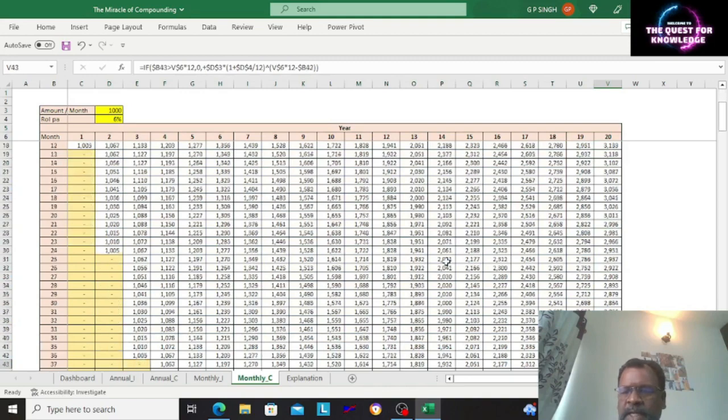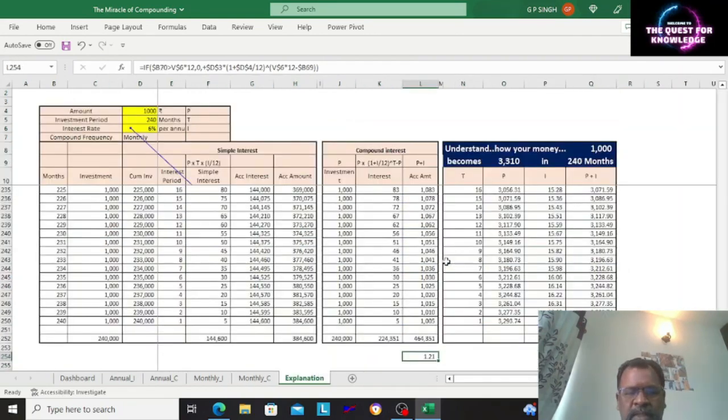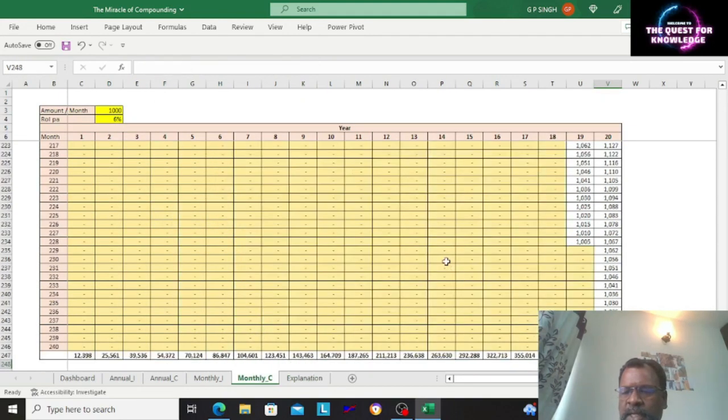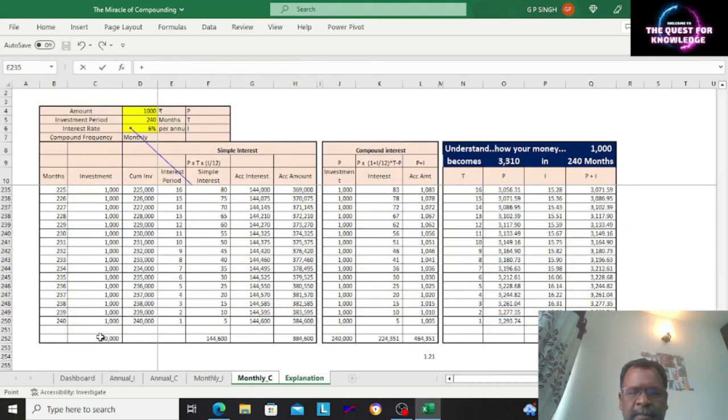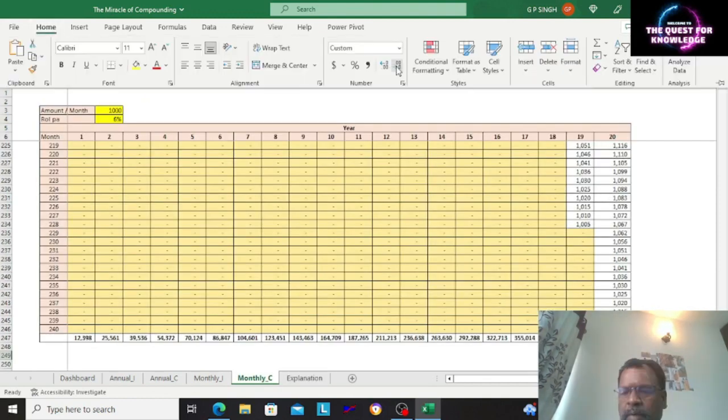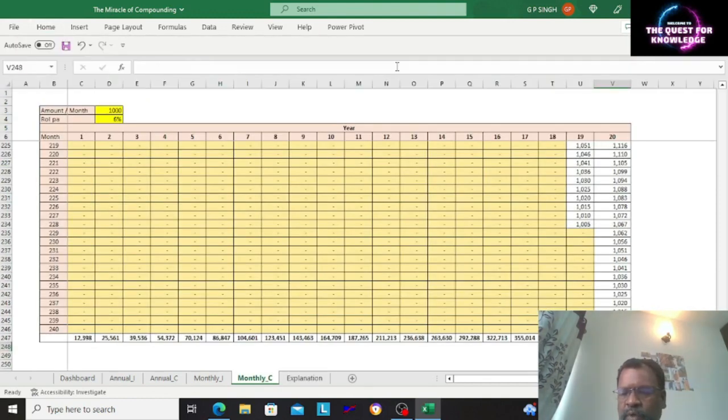The initial amount which we invested is 240,000. So our 240,000 is becoming 464,000 in 20 years.